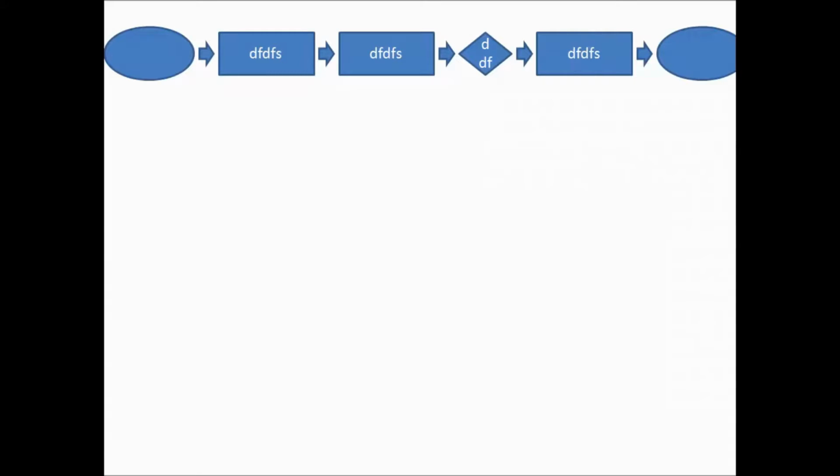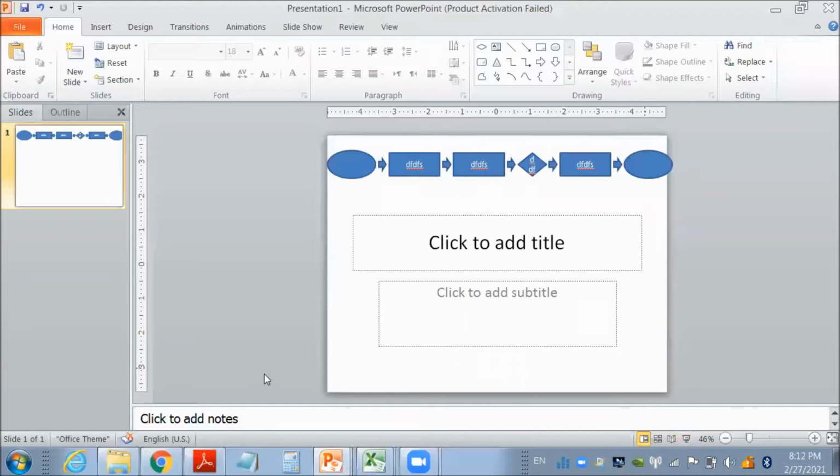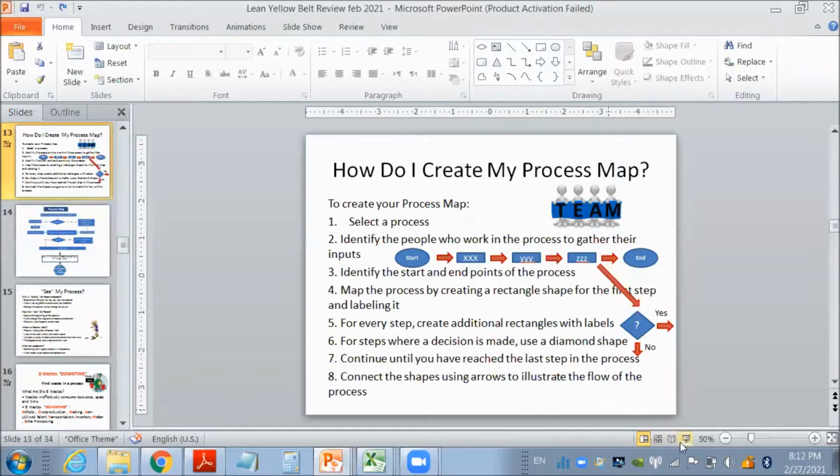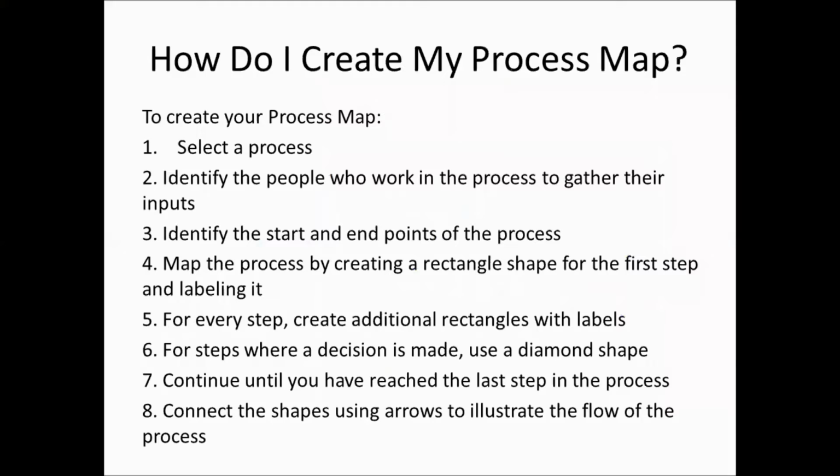You can use either PowerPoint or Excel to write down the process map. Please choose one of the processes you are experienced in and form a team, one or two of your colleagues, to gather their input on that process.